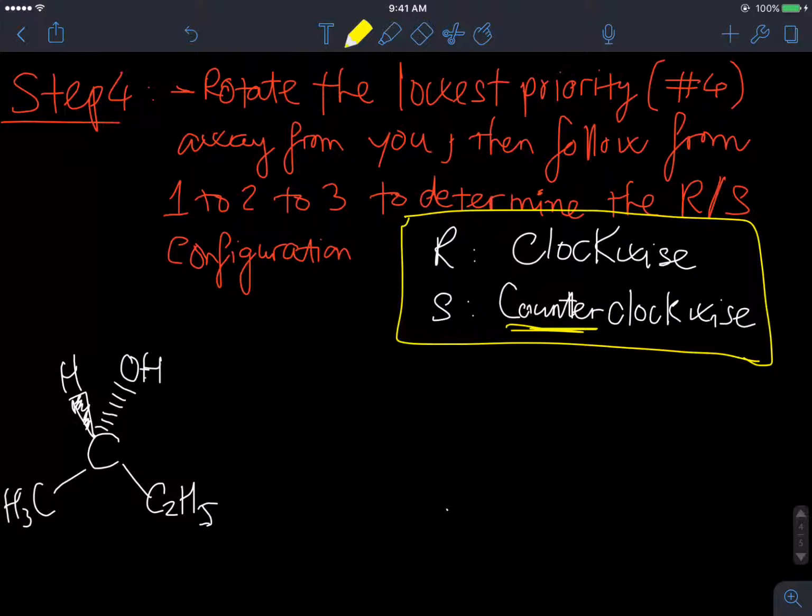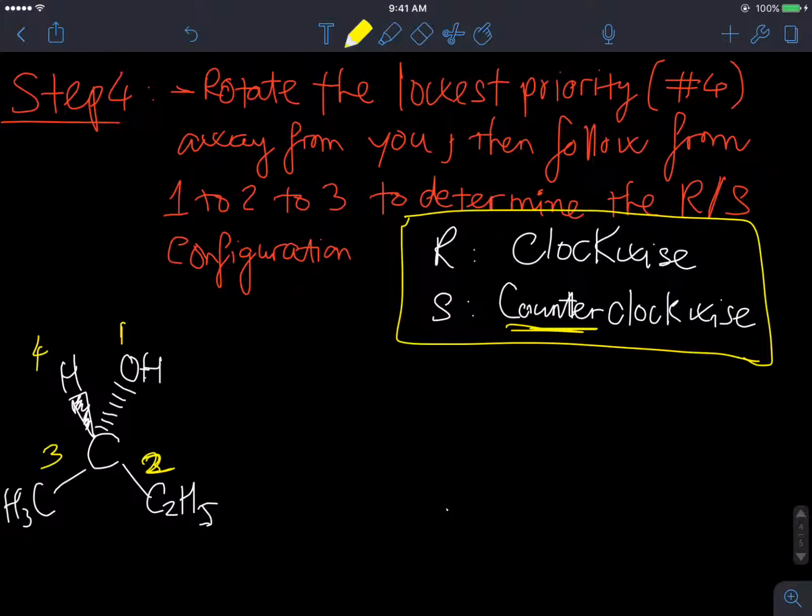First, I'll give you an example right here. We all know this is number 1, this is number 4, this is number 2, and this is number 3. And we rotate the lowest priority, number 4, away from you. How we rotate it, I have an easy technique from a different video.